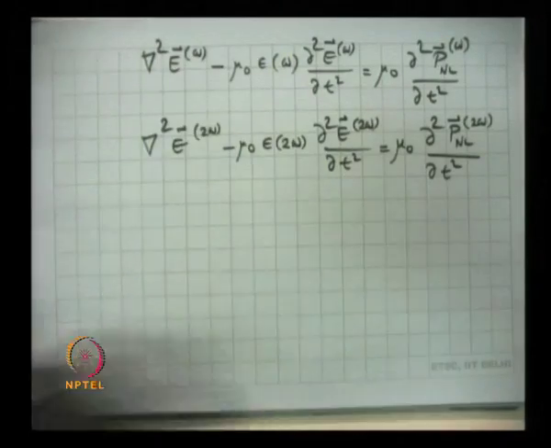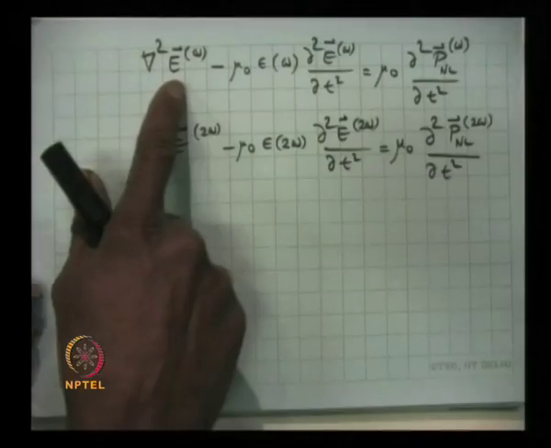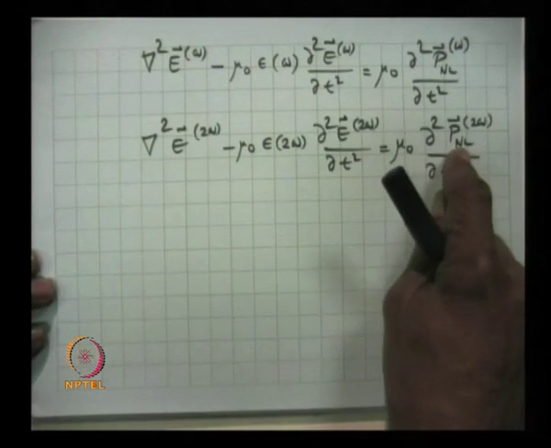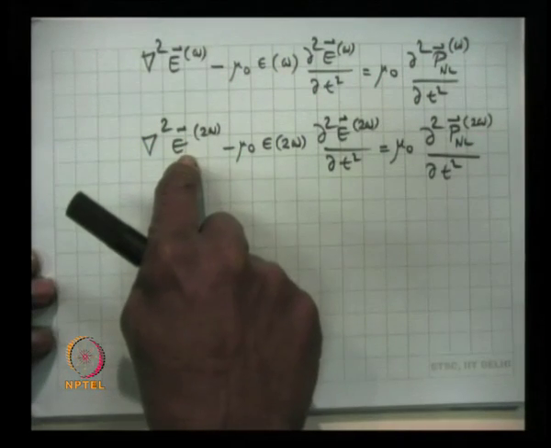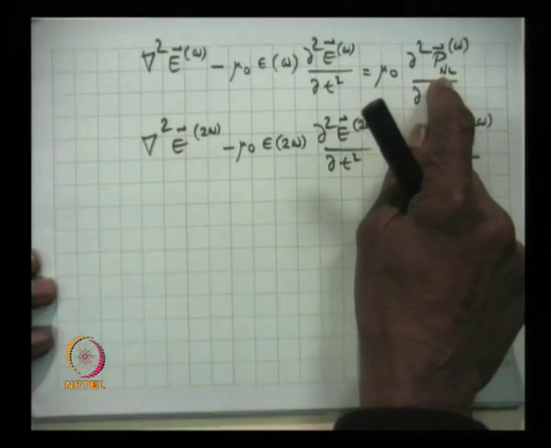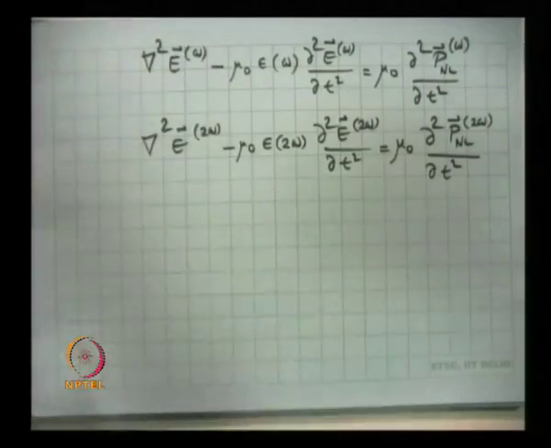So, these two equations will give me a pair of coupled equations which I need to solve. I launch omega frequency, this will generate P nonlinear at 2 omega, this P nonlinear at 2 omega generates E at 2 omega, E at 2 omega and E at omega mix to generate P nonlinear at omega, which will then modify this equation. So, these two equations have to be solved simultaneously.